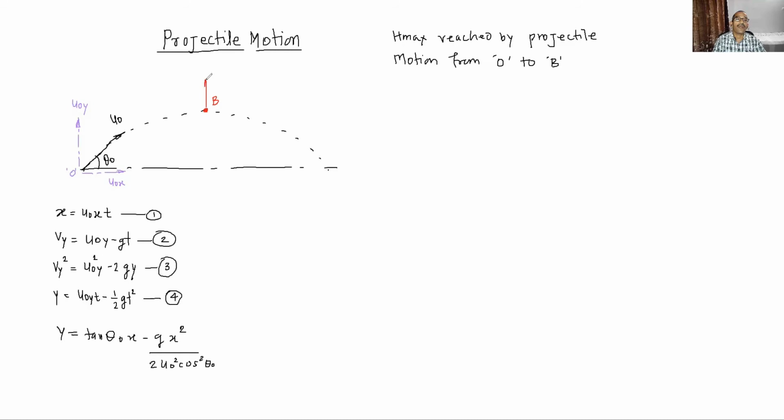That means Vby becomes 0. When the vertical component of velocity becomes 0, the height attained by the projectile is the maximum height.